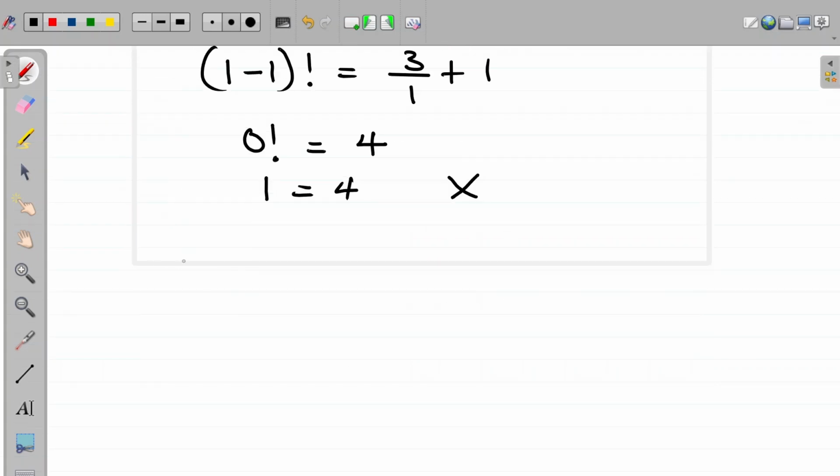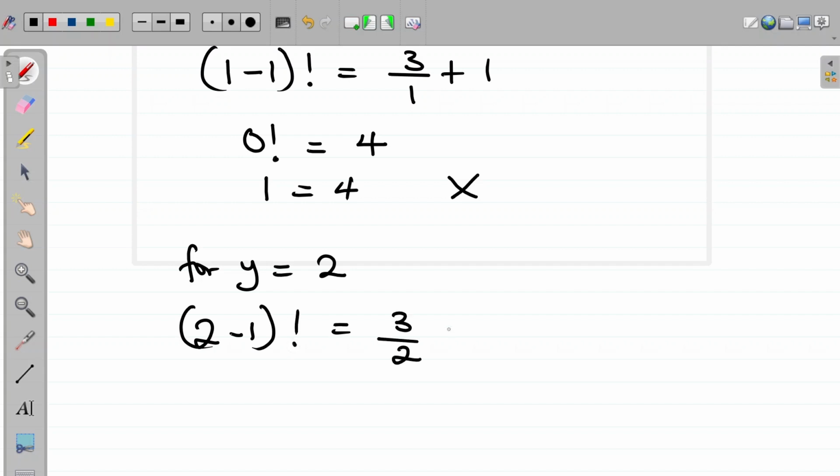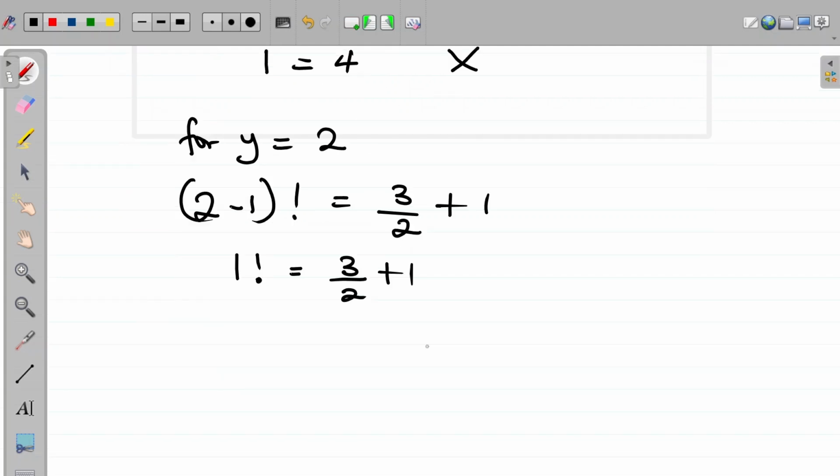Again, for y equal to 2, our equation becomes 2 minus 1 factorial equal to 3 divided by 2 plus 1. 2 minus 1 is 1, so we have 1 factorial equal to 3 divided by 2 plus 1, and we have 1 factorial equal to 5 divided by 2.